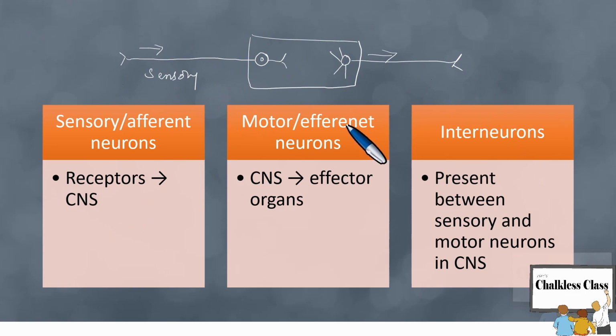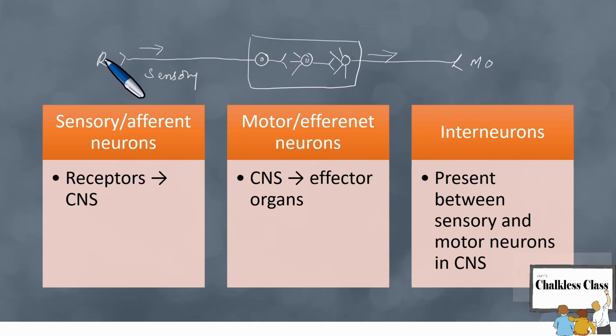In the central nervous system, between the sensory neurons and motor neurons, there are some special neurons like this. These neurons are called interneurons. Interneurons link the sensory neuron and motor neuron. Now let us see how the impulse passes. This is the receptor organ, the afferent neuron, the interneuron, the motor neuron, and the motor organ or effector organ.